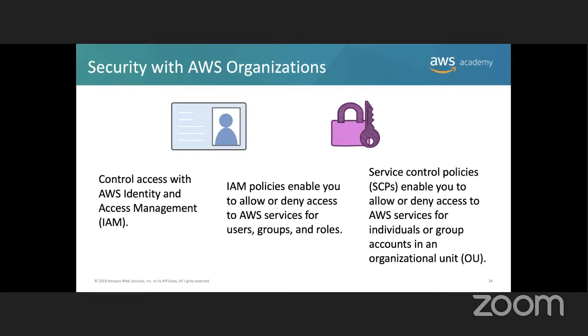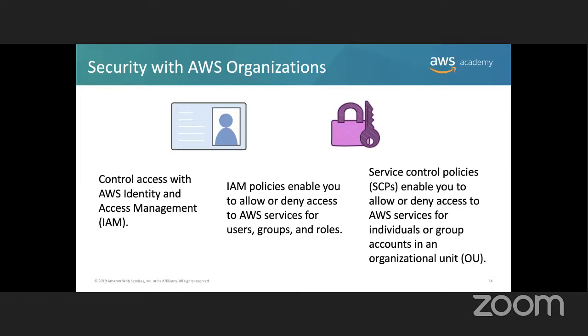Control access with AWS identity and access management. You can have that too. IAM policies enable you to allow or deny access to AWS services. You can use an SCP, service control policy, but you also can integrate IAM.